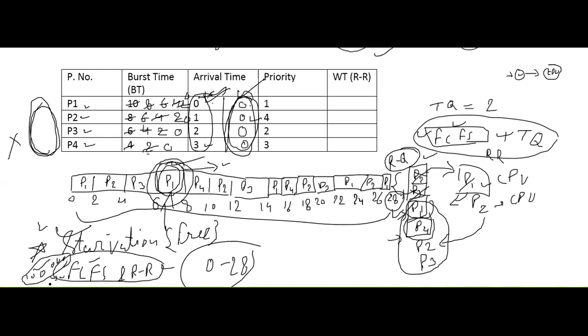It's not that it will be an infinite wait. Similarly, in round robin, since the time quantum is fixed, after a specific time quantum, the next process will get chance for execution. So every process will get its chance for execution at least once in a specific time frame. That's why these two algorithms are free from starvation.